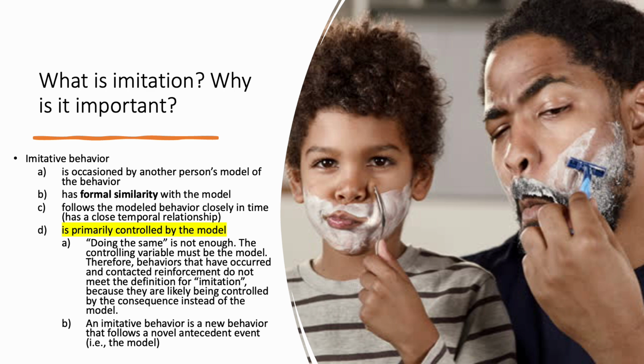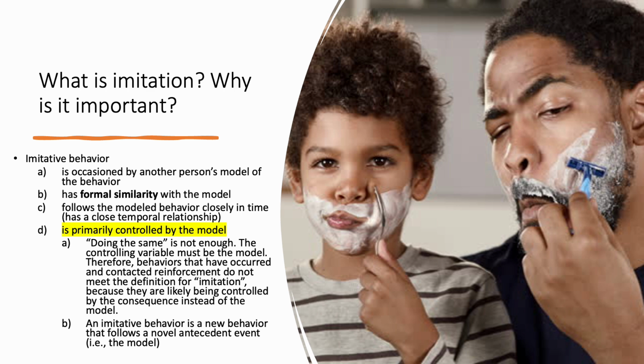But behavior that is controlled already by reinforcement, because it's come into contact with reinforcement, is going to continue to occur, right? So what ends up happening is that the model becomes a discriminative stimulus, and the response becomes a discriminated operant. And so the person is not responding anymore just because of the model, right? The model is not controlling the behavior.